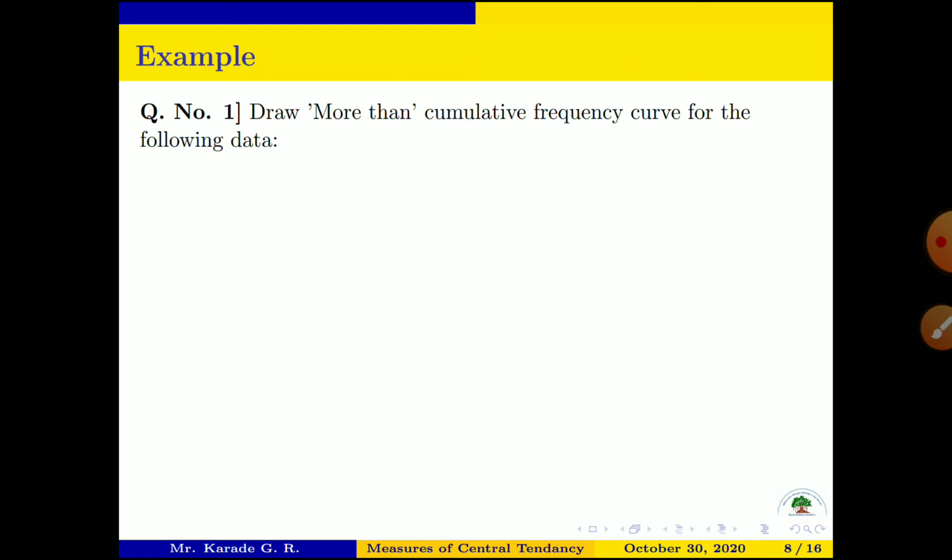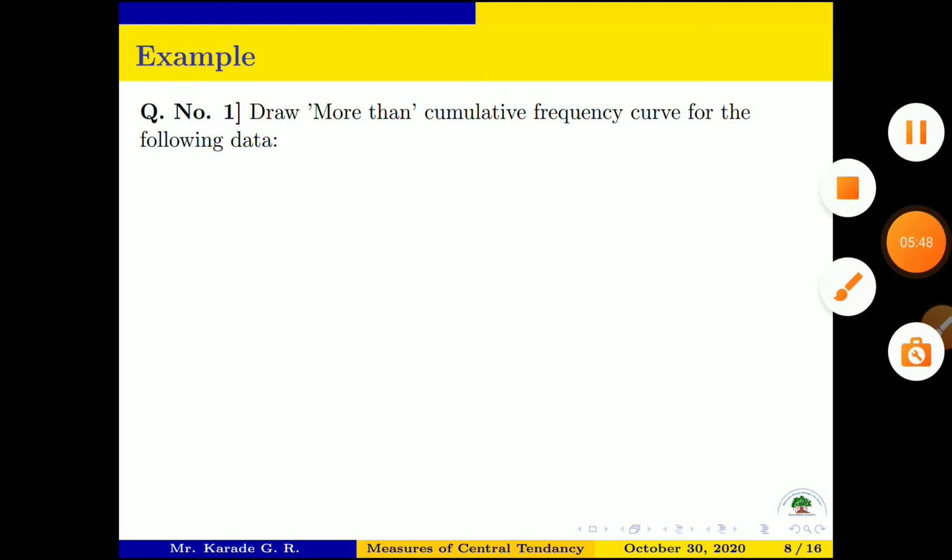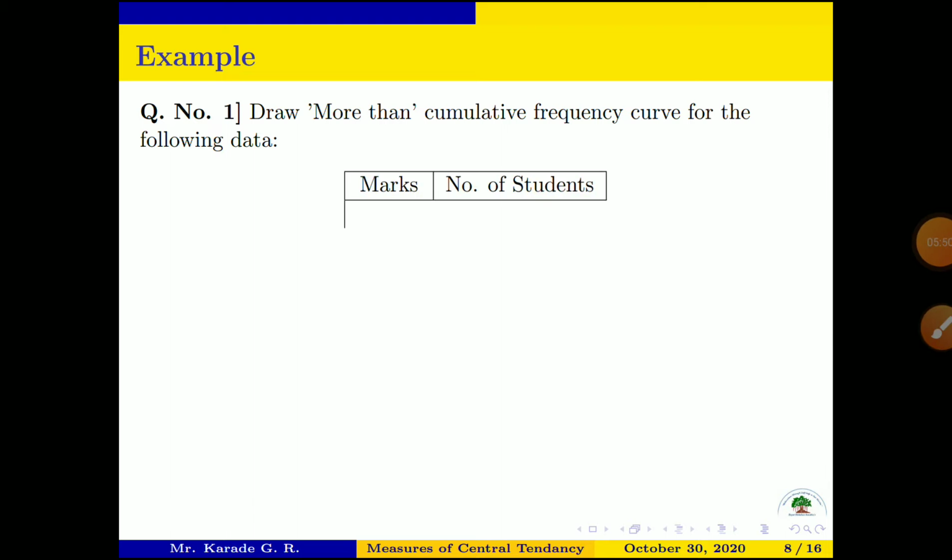Draw the more than cumulative frequency curve for the following data. Marks and number of students are given here. The first column is for marks, the second column is for number of students.